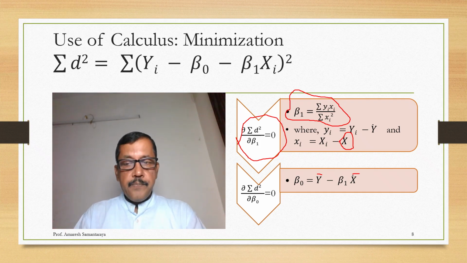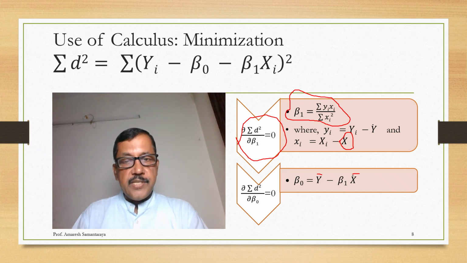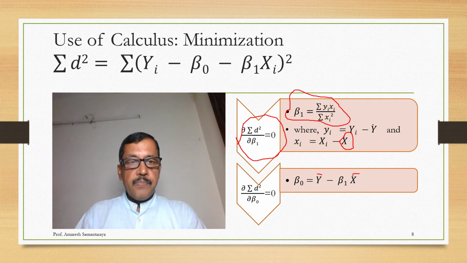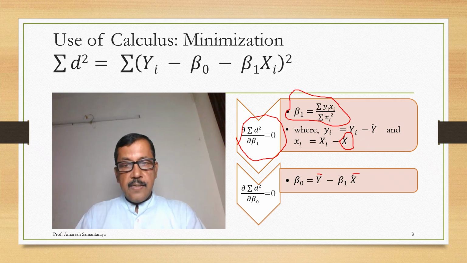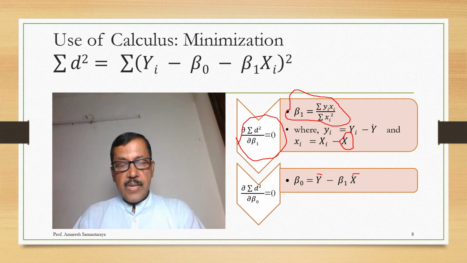So this way, using calculus, we can fit ordinary least squares, and from the minimization principle, using the first order condition, taking the partial derivative of summation d square with respect to b1 and with respect to b0, we can obtain the formula to calculate beta 1 and beta 0.